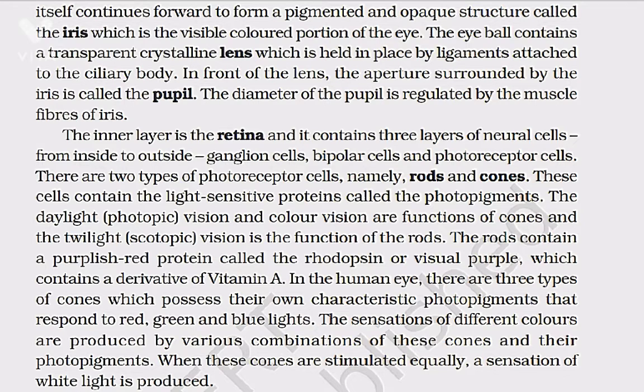The inner layer is the retina, and it contains three layers of neural cells from inside to outside: ganglion cells, bipolar cells, and photoreceptor cells. There are two types of photoreceptor cells, namely rods and cones. These cells contain the light-sensitive proteins called the photopigments.